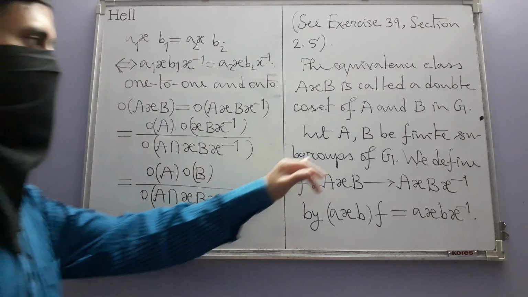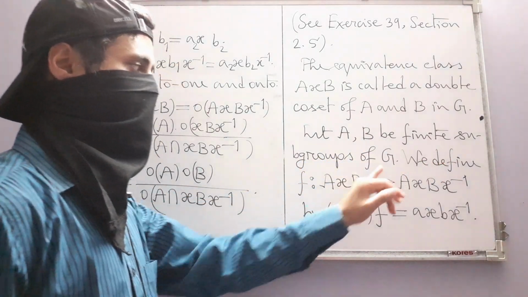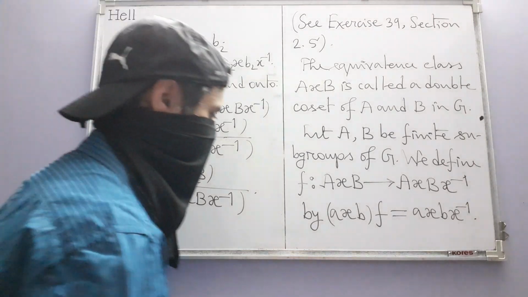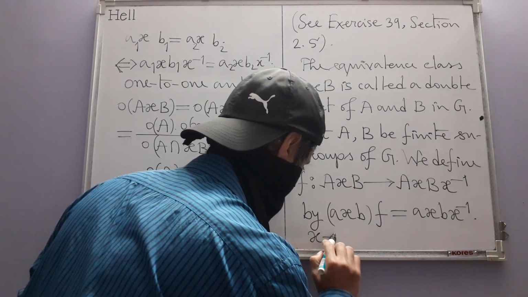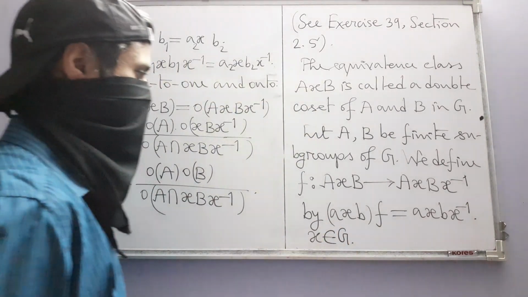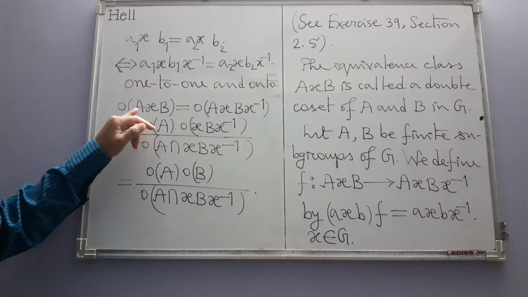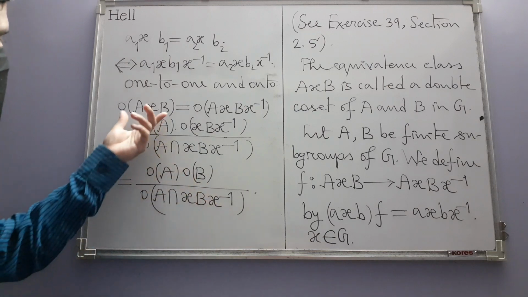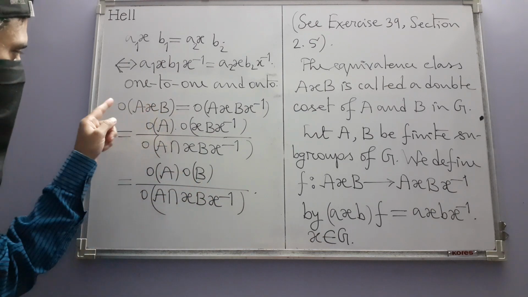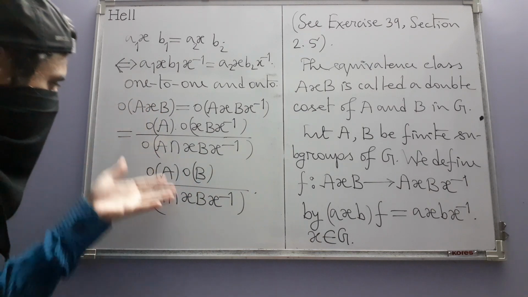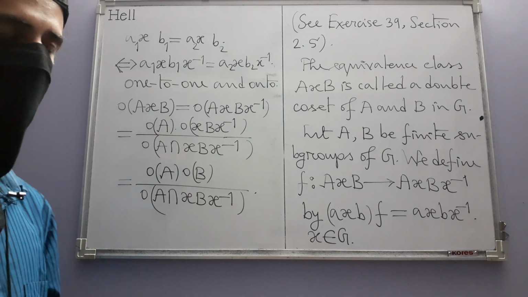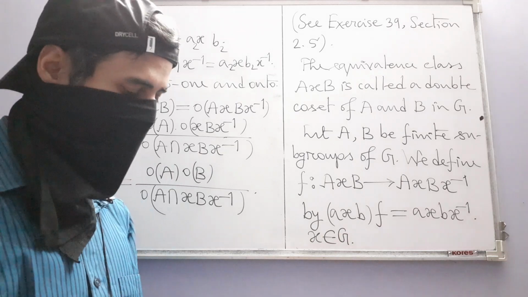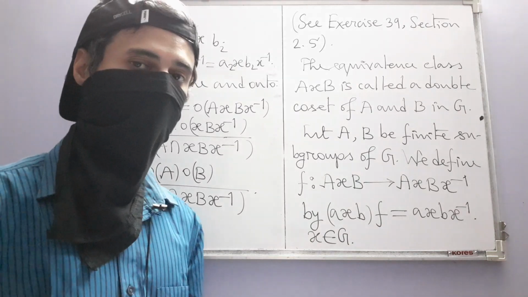That means if A and B are finite subgroups of a group G, and X is an element in G, although we haven't written it explicitly but it's there in the background, then the double coset containing x, AxB, has its number of elements given by this formula. We are now going to state this fact formally as the next lemma.